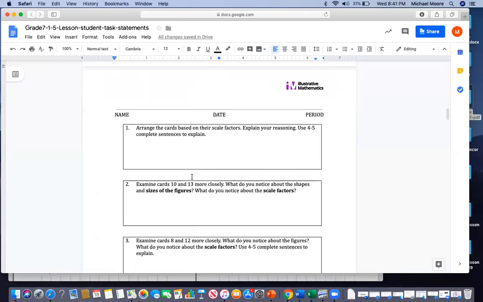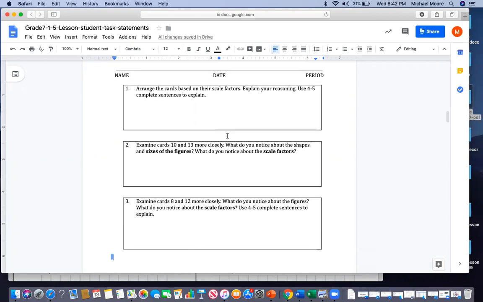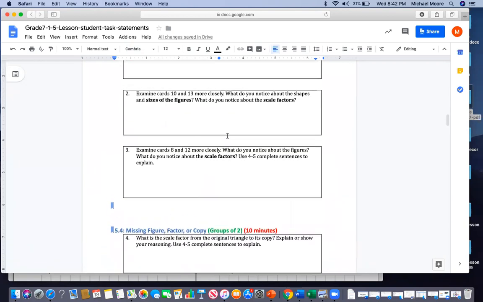So if we move on, we're supposed to arrange the scale factors for these figures in order. Once we figured out the scale factors for all of them, in my notes, we see that scale factor of 2 were for the first and the 9th card, scale factor of a half, 3rd, 7, and card 11.